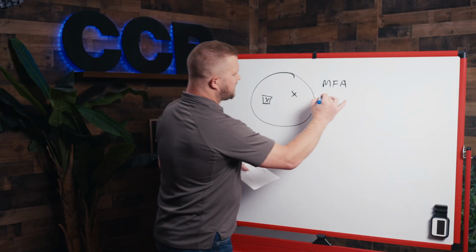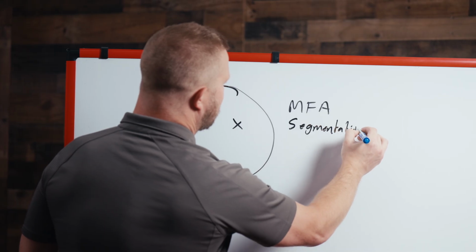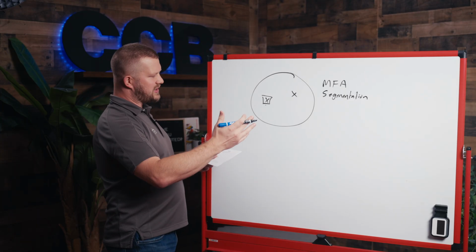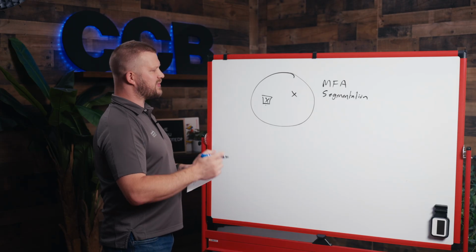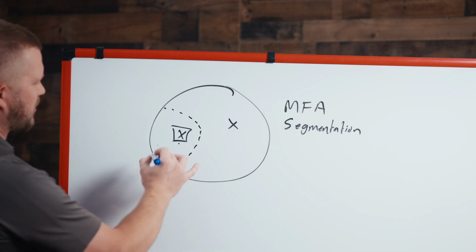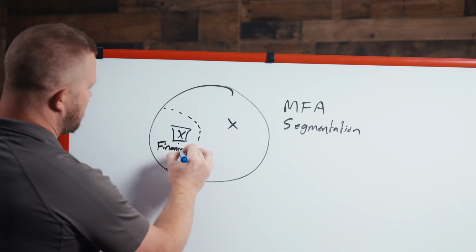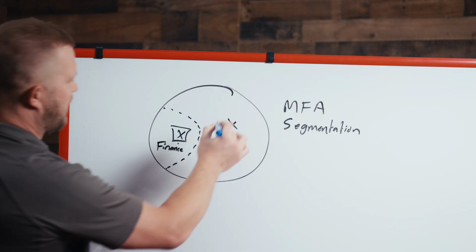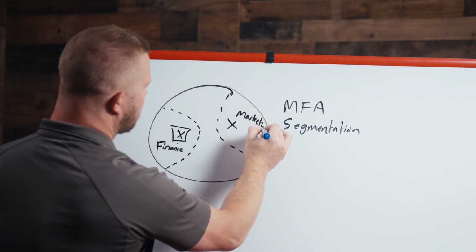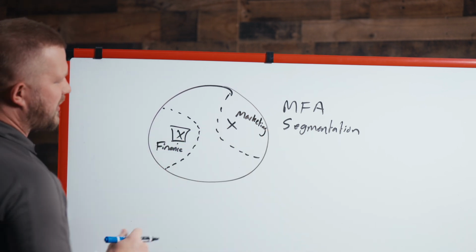The other aspect is segmentation. You use this idea, it's been around for a long time, but you can take it a step further with segmentation and microsegmentation to say, okay, we'll separate things off from this standpoint. So this might be your finance department. This might be marketing. And inside of that, we can have resources that these people are expected to access.